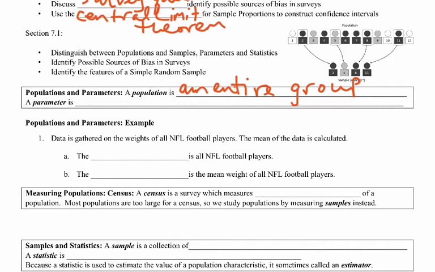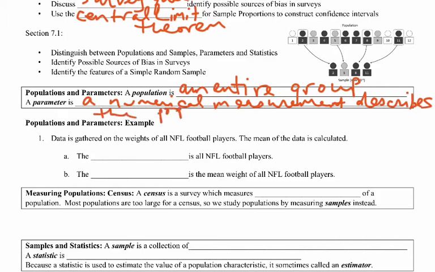A parameter is a numerical measurement that describes the population. And it can be some aspect of the population. It could be a mean of the population.